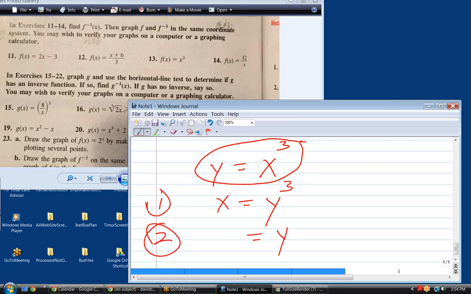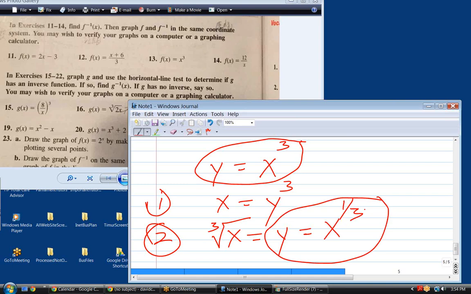Would you do x over y squared? No. In order to solve for y, we have to take the cube root of each side. Oh. So y would be the cube root of x. Or I could write it a little bit better using exponents. So there is our inverse right there.